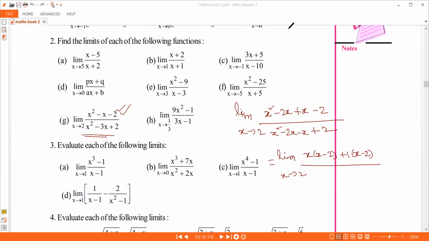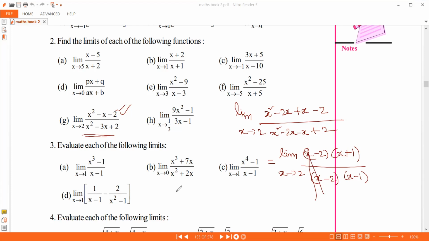So the limit as x tends to 2 of x minus 2 into x plus 1, divided by x minus 2 into x minus 1. The x minus 2 cancels. So the limit of x plus 1 divided by x minus 1.